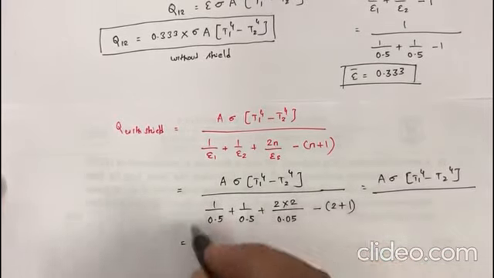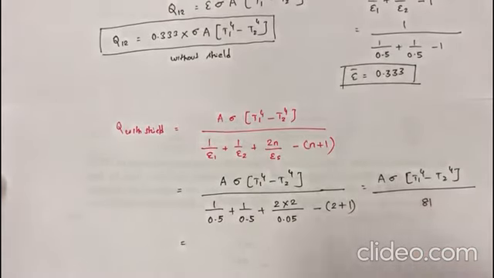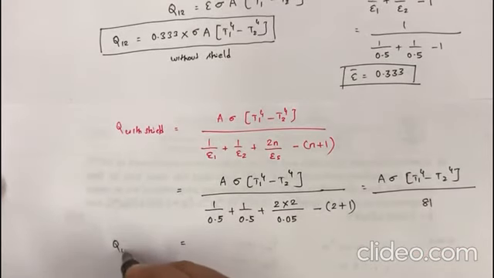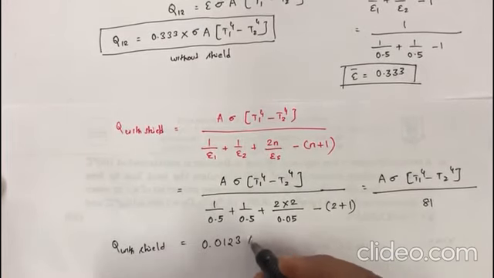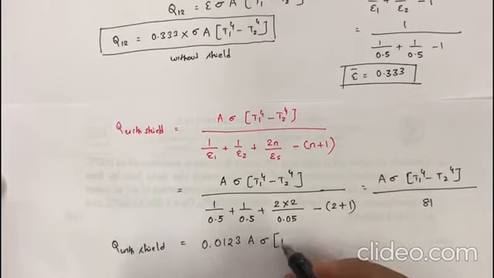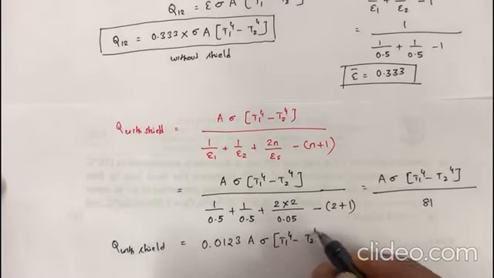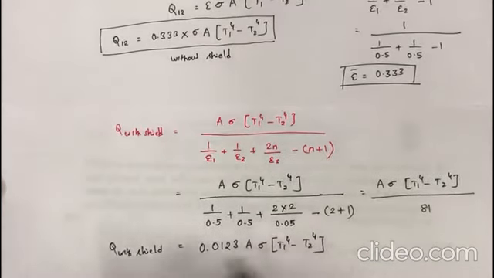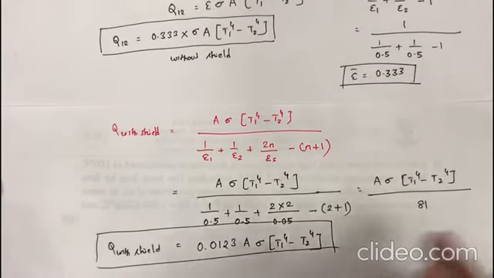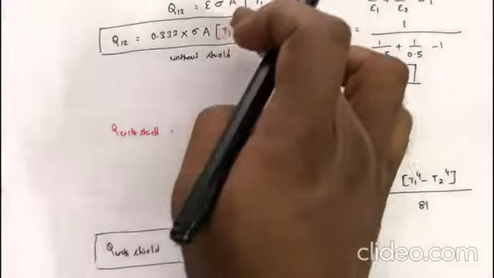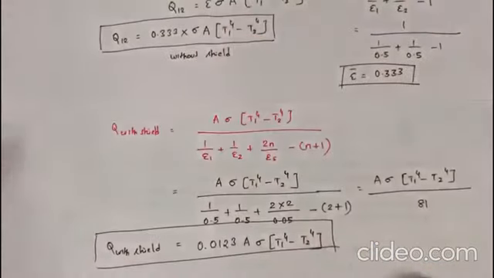If you simplify, this one will be equal to 81. So your Q with shield is equal to 0.0123 A sigma T1 power 4 minus T2 power 4. So now we have another equation for with shield. So this is an equation for without shield.